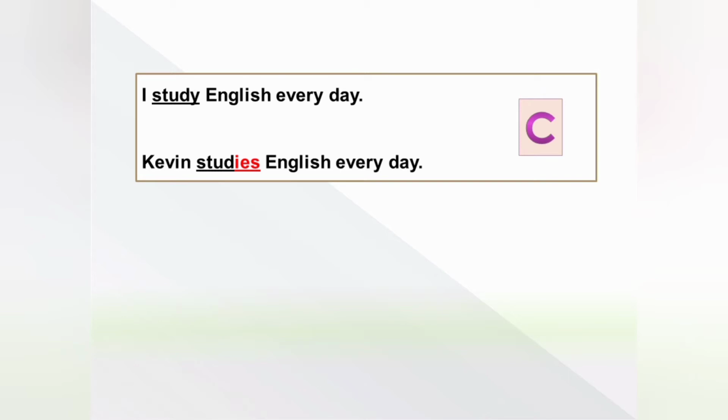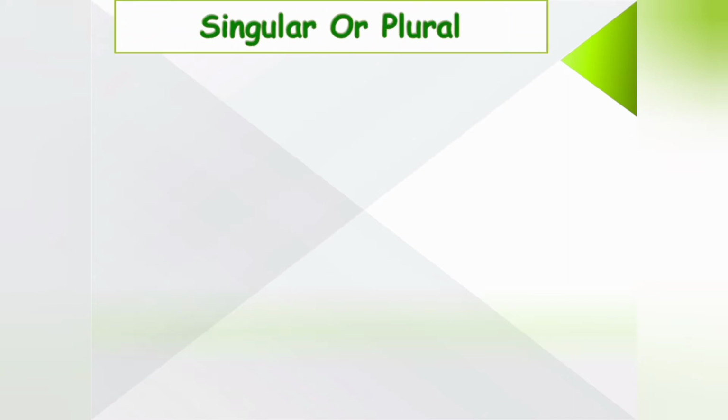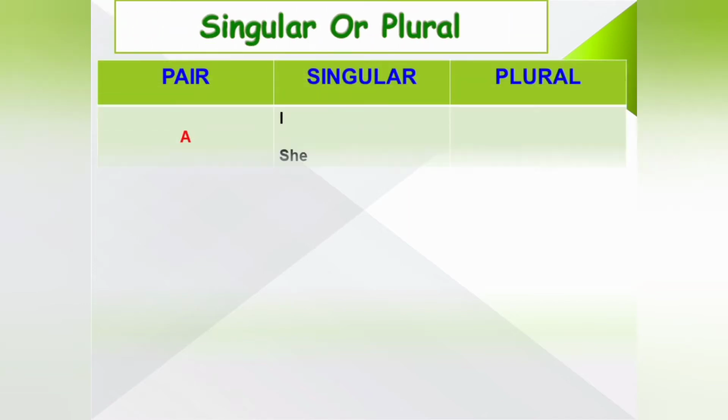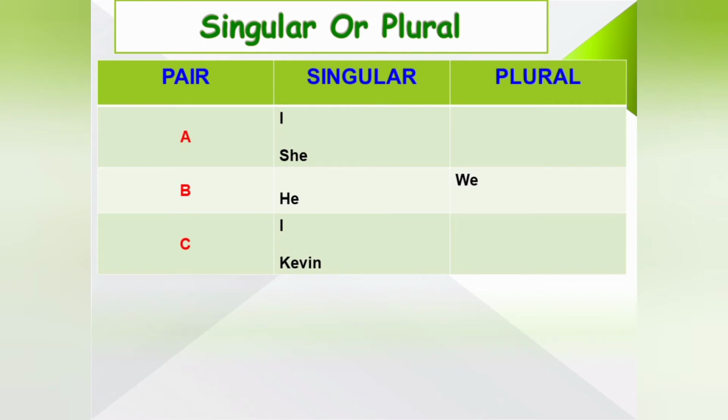Now, let's go back to the lesson. First of all, let's categorize the subjects as singular and plural. In pair A, those two subjects come under the category of singular. Those subjects are I and she.